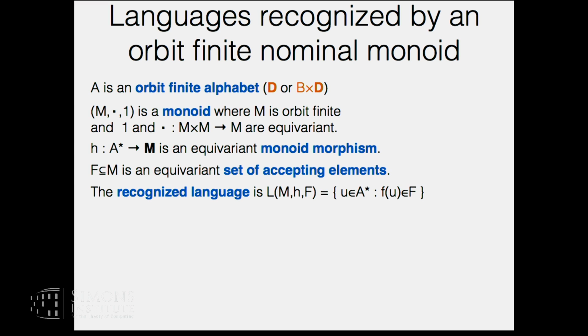And we have a morphism from the words to this monoid, and this morphism needs also to be equivariant. So all this is insensitive to any particular value. And we have a finite subset of the monoid, which is also equivariant, which is the set of accepting elements. When we have these three elements, a monoid, a morphism, and a subset, we can talk about the language of data words, so words over this alphabet, recognized by it in the usual way: those words such that the image by the morphism belongs to F.